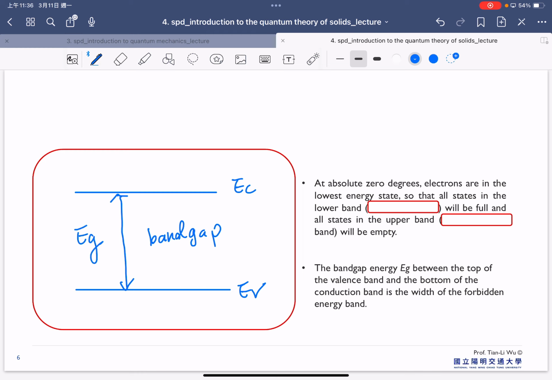On top of the EC is a place we call the conduction band. Below the EV is a place we call the valence band.